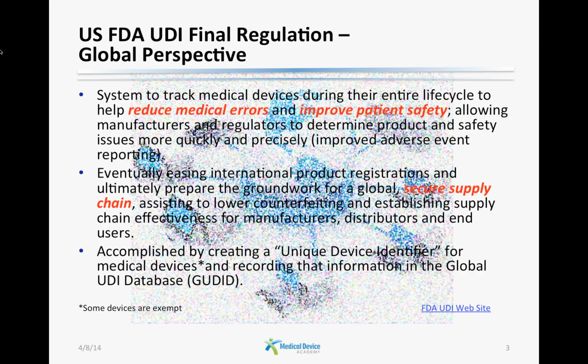It implements a standardized identifier, allowing manufacturers, distributors, healthcare facilities to more effectively manage medical device recalls. My own experience working at a manufacturer distributor shows the problems of not using a UDI throughout the entire supply chain. It was our practice to assign our own proprietary item numbers to the products we sold.